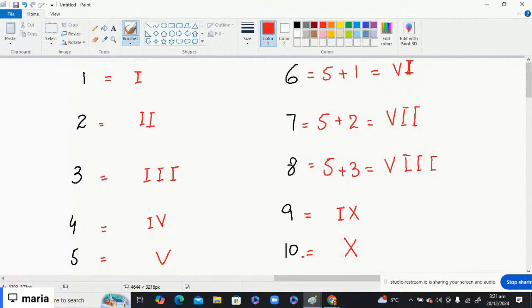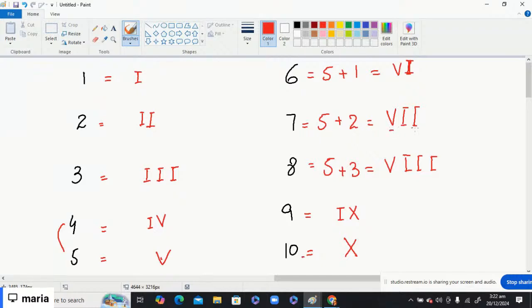Understand? This is the thing that you need to understand. For the 1, it's I. For the 2, it's 2 I's. Now 4 and 5 are different. That is V and IV. Now let's move to 6, 7, and 8. When you write down 6, it's 5 plus 1, that is V and I. For the 7, it's 5 plus 2.